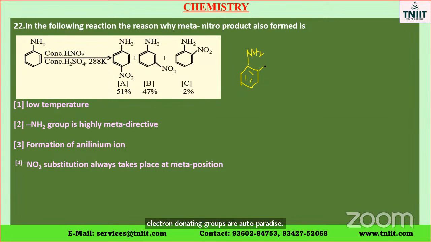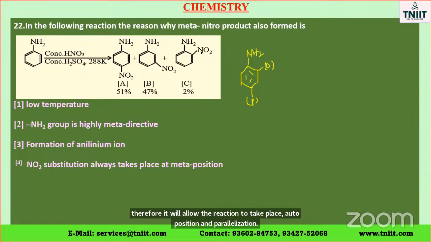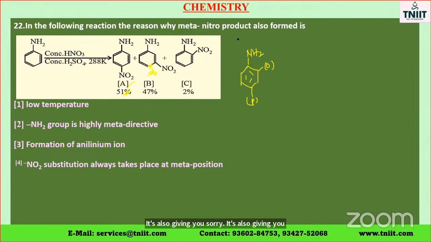Therefore, it will allow the reaction to take place at the ortho and para positions. But if you observe this molecule carefully, it's also giving you the meta compound. It should give only ortho and para, but it's also giving you meta, 47%.